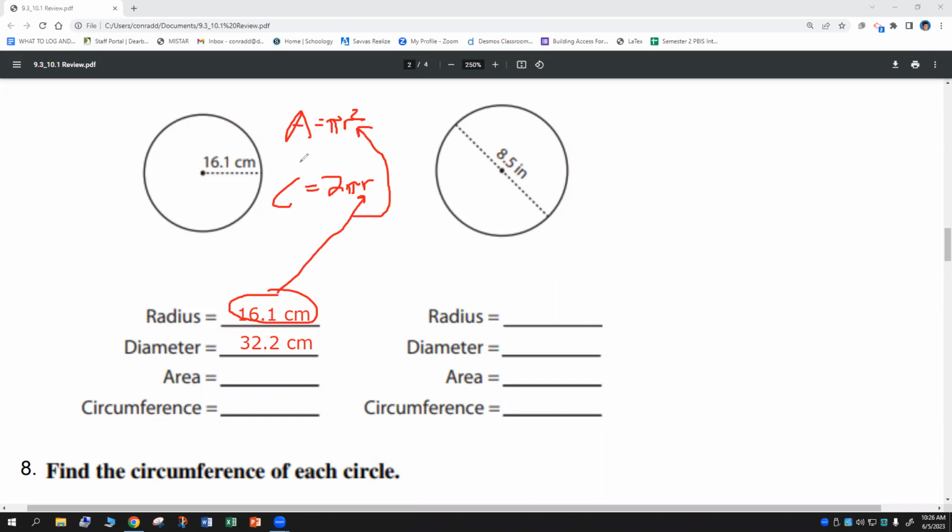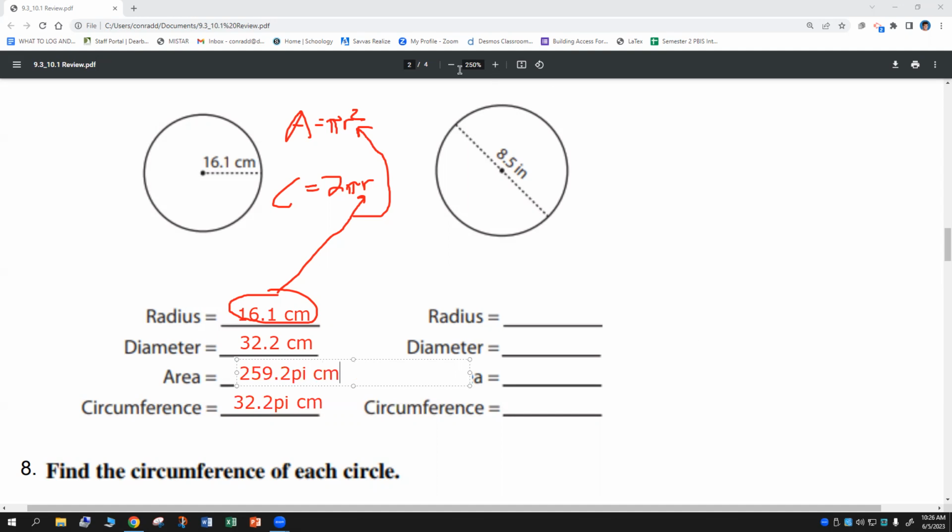So when I do that, for circumference, 2 times pi times 16.1, I'm going to get 32.2 pi centimeters. Then for area, I'm going to do pi times 16.1 squared, which gave me 259.2 pi centimeters squared.